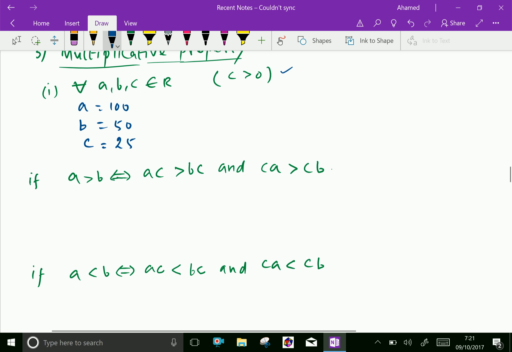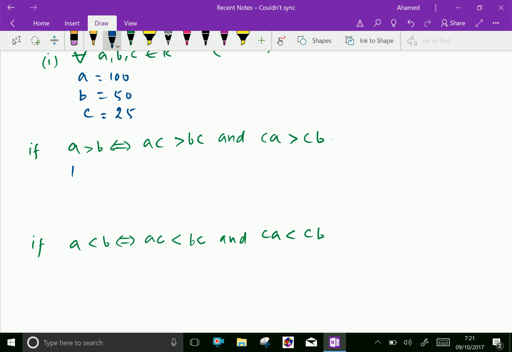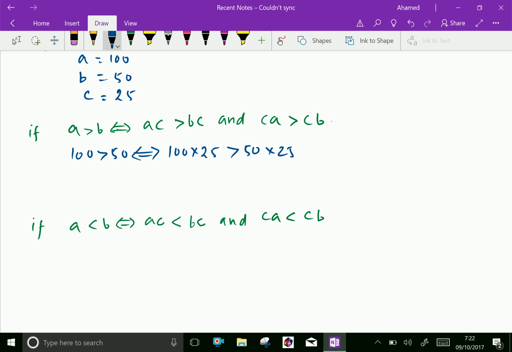And we can say A is greater than B. Of course 100 is greater than 50. Then we can say A into C, 100 into 25, is greater than B into C, 50 into 25. 100 into 25 is 2500, is greater than 1250.